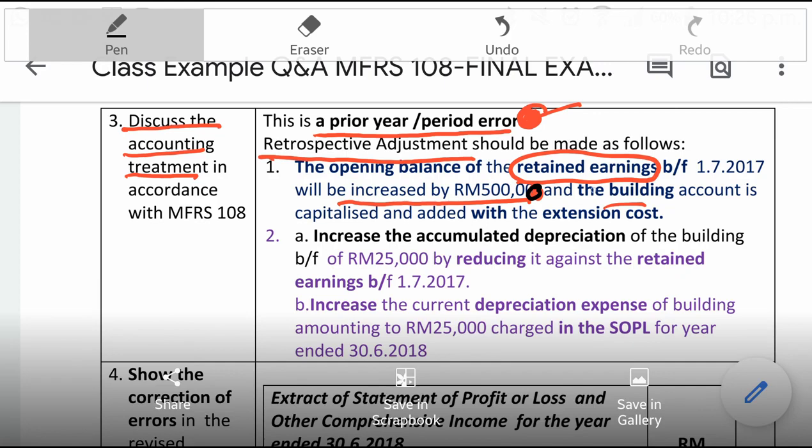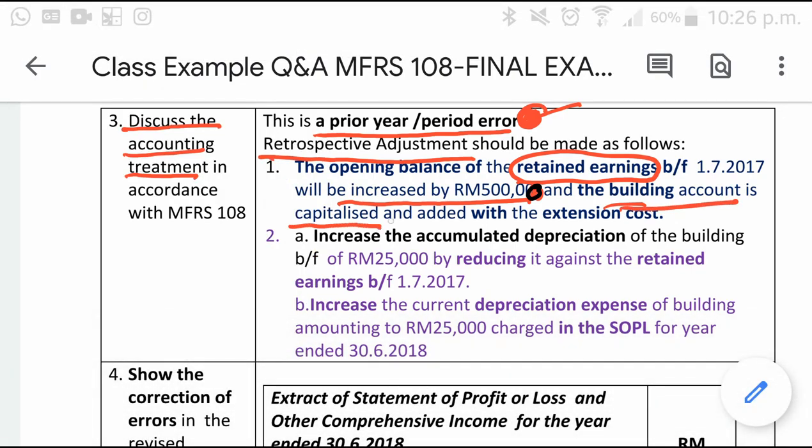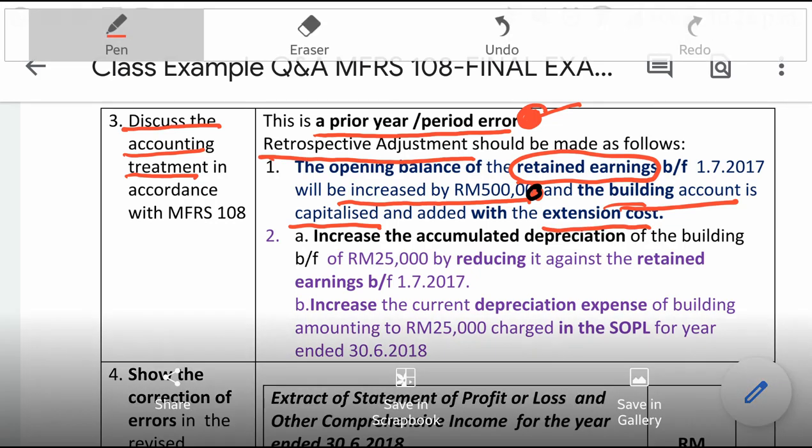And the building account is capitalized. So you increase by 500,000, and the building is also now being capitalized with the extension cost of 500,000. So go and adjust the opening balance, meaning that whatever you have already done in your journal, explain it in sentences. At the same time, you have also added more to the building, and that is what you mean by capitalize. So that was the first part.